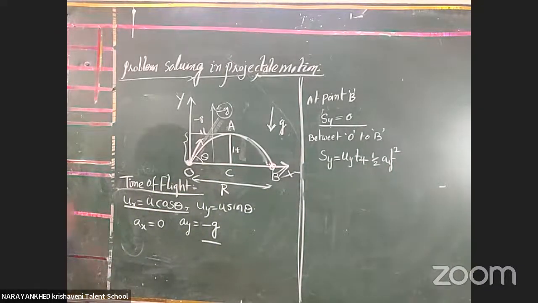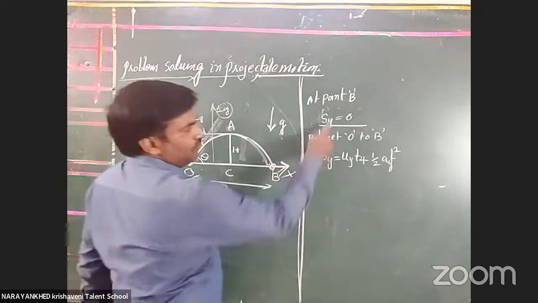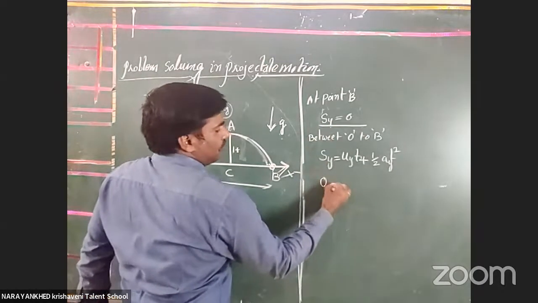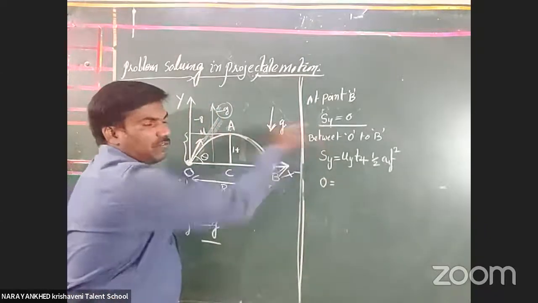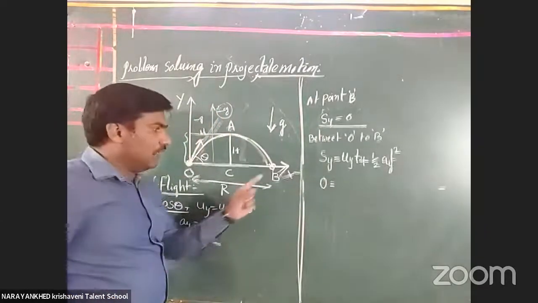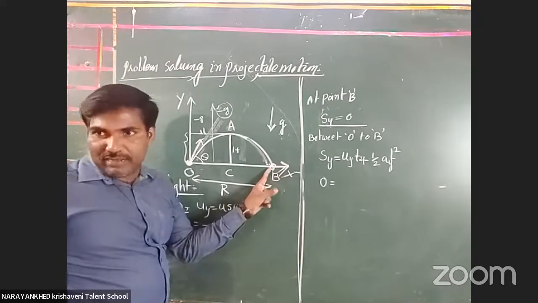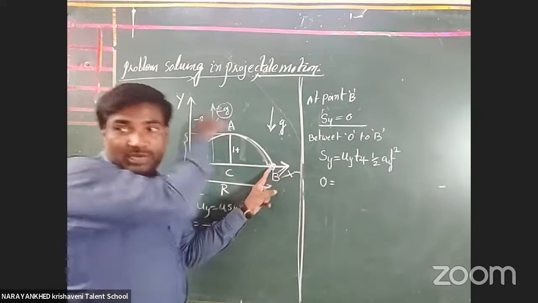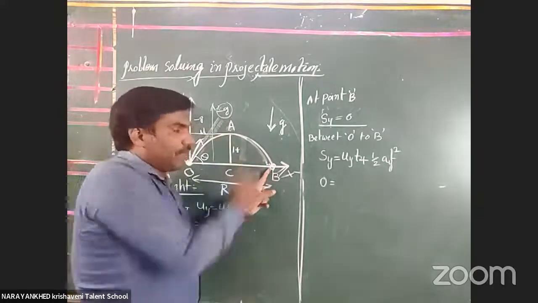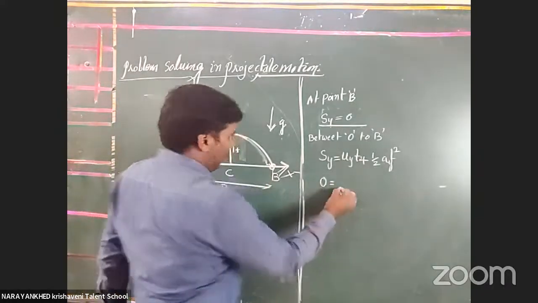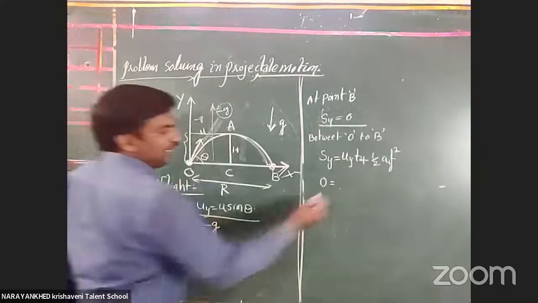You know that very well. Yes, SY is equal to what? SY is equal to 0. Clear or not? What we considered at B: SY is equal to 0. We require the time now. That's why we considered the total distance from here to here. And what is UY we considered? U sin theta.